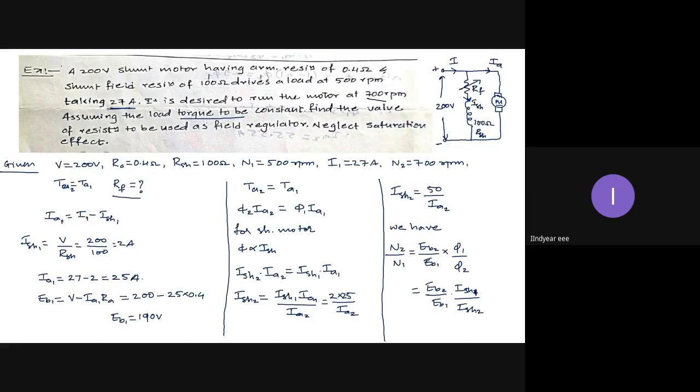So let me take N2 is 700, N1 is 500, it is given. So 700 by 500, EB2, I will keep EB2 as V minus IA2 into RA, divided by 190.